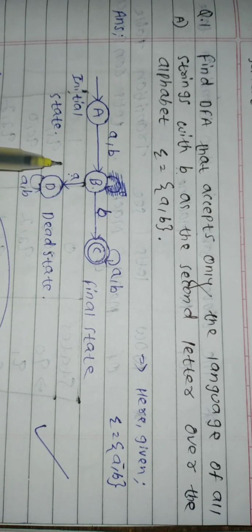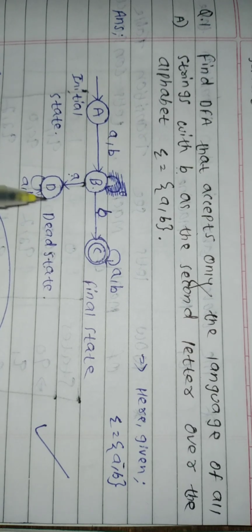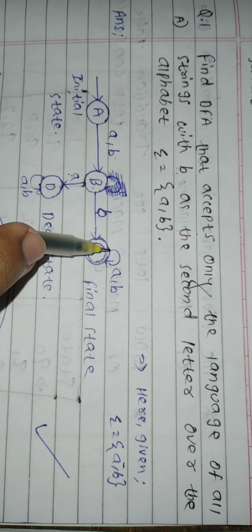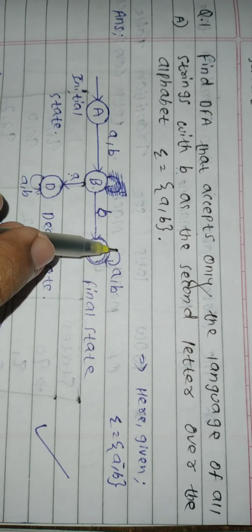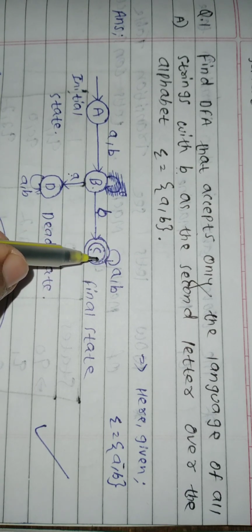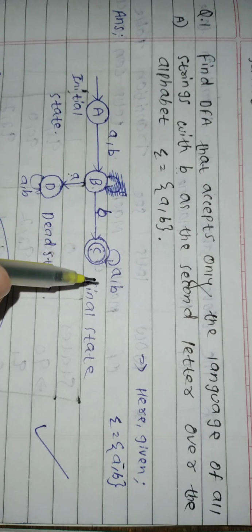So we move it to another new state, that is the dead state, named D. And for that dead state, whether it gets A or B, it will remain in the dead state. And in the final state, we don't bother about whether we get A or B, so we draw a self loop so that whatever input it gets, A or B, it will remain in C.